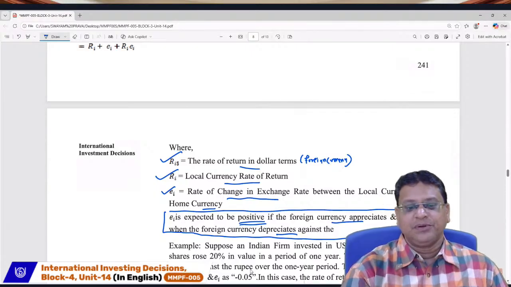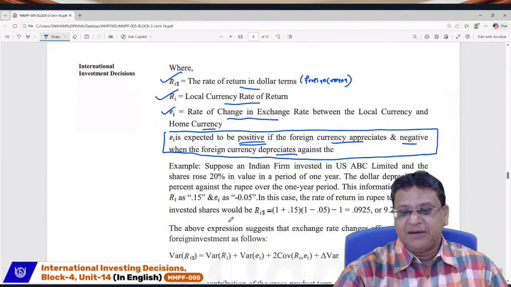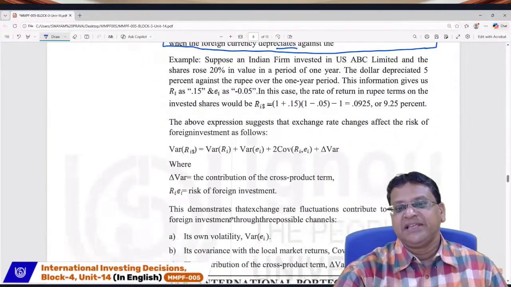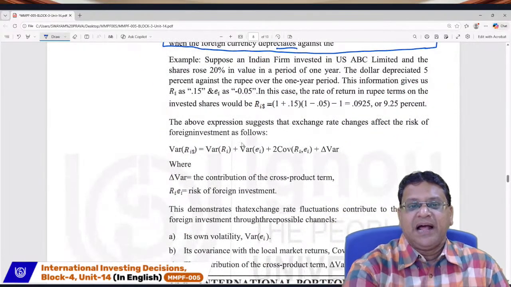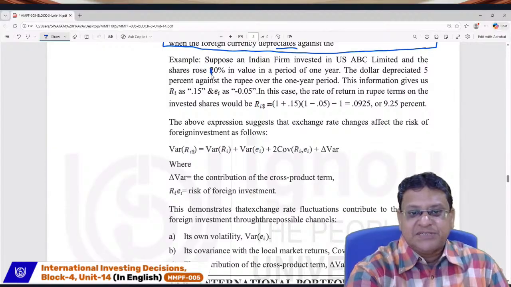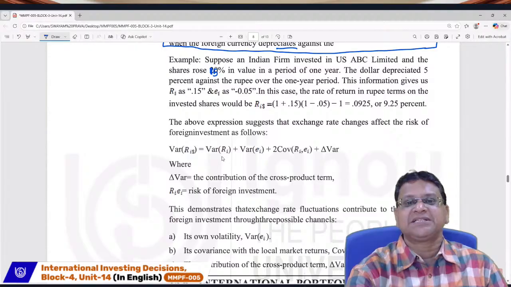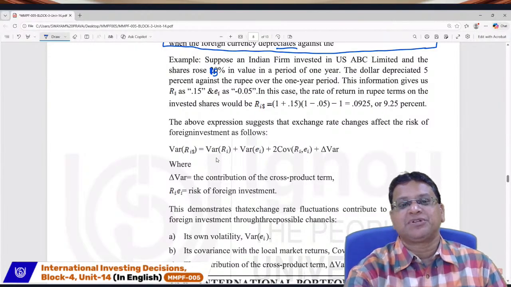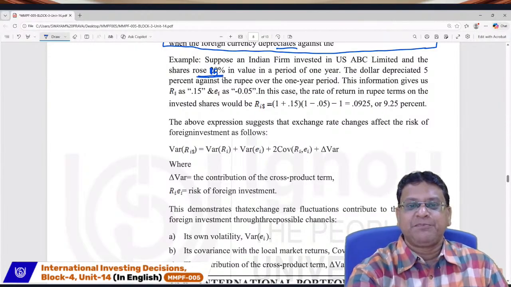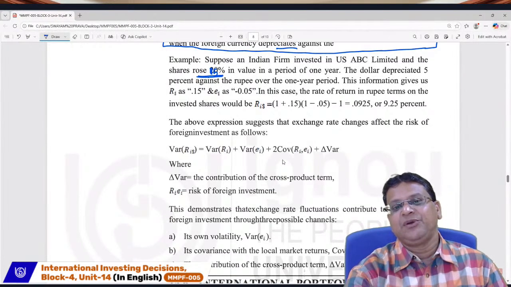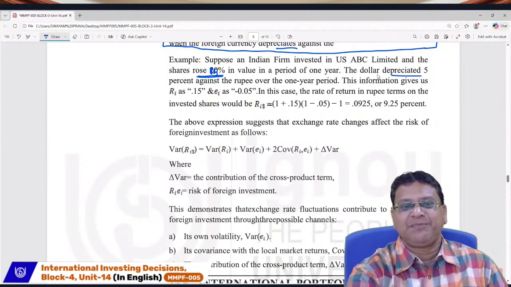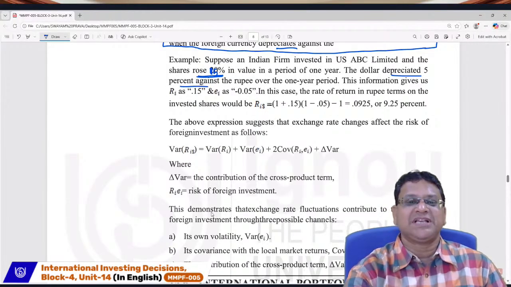Let's take an example. Suppose an Indian firm invests in a US firm, ABC Limited, and the share price increased by 15%. That means there is a 15% rise in your investment. But the dollar value depreciates by 5%. So two things arise.